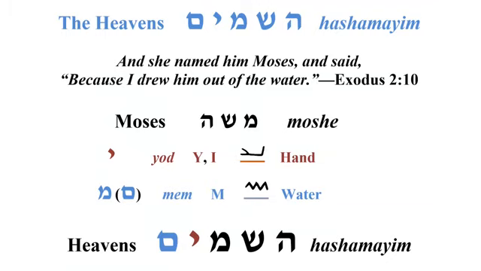And Pharaoh's daughter finds him and takes him out, and she names him Moshe. Why? Because I drew him out of the water. In the word Hashamayim, you see a picture of Moshe and a hand drawing Moshe up out of the water, which is cool. In Bereshit, he had a hidden picture of the Abrahamic covenant, the fire in the Brit. And here you have a picture of Moses being pulled out of the river by Pharaoh's daughter.